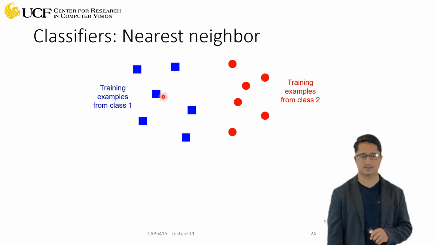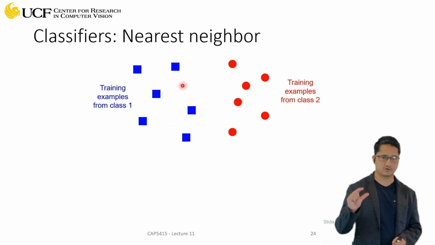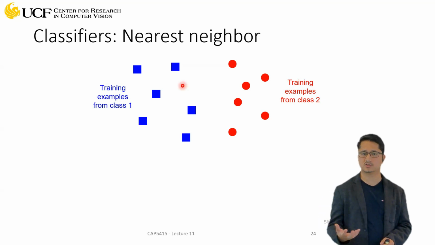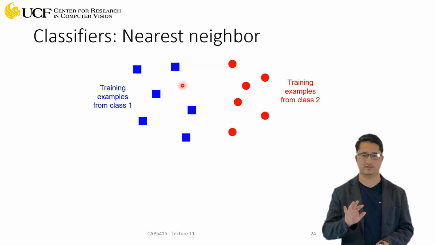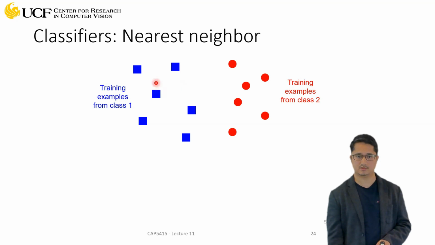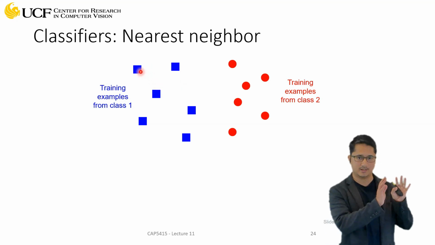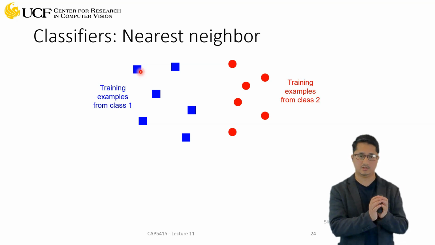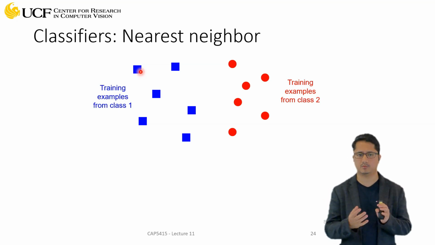Blue boxes are the first class, and red circles are the second class. Think about this as projecting your features from these samples onto the Euclidean space, which means each of these points could represent an image, or anything, depending upon what problem you are solving.